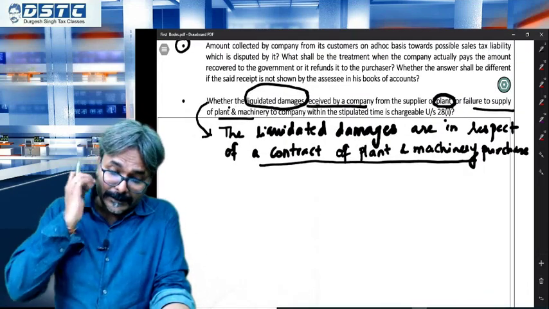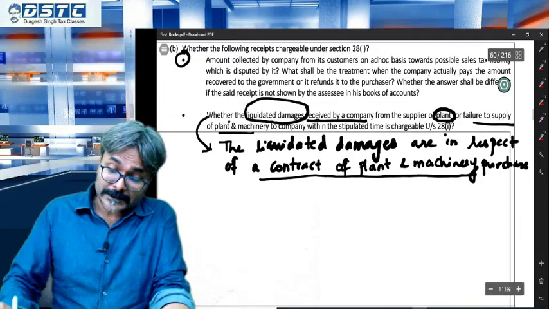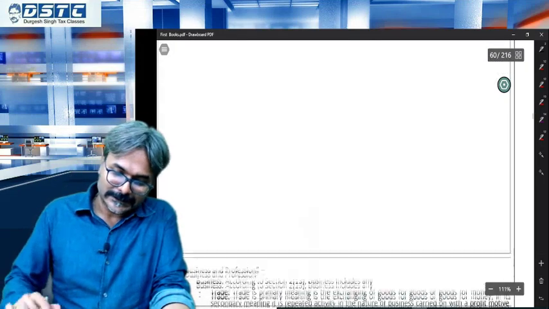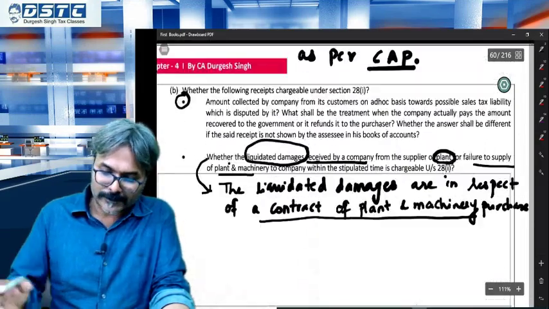The liquidated damages are in respect of a contract of plant and machinery purchase. Full stop. You do a full stop.